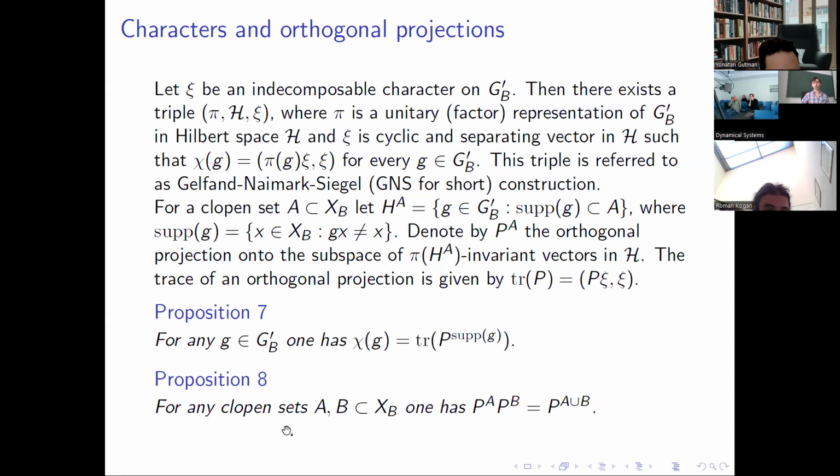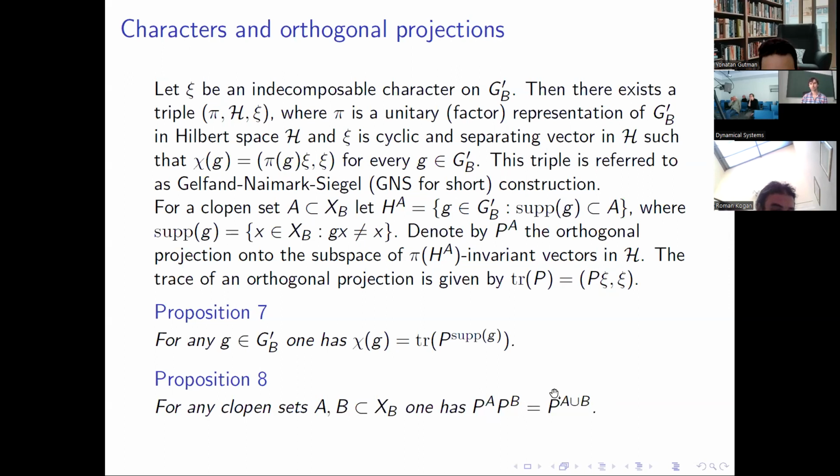Next, we show that for any open sets A and B inside of our space, we have that P_A P_B is equal to P_{A union B}. Let me point out that this is not some property which is true in general.